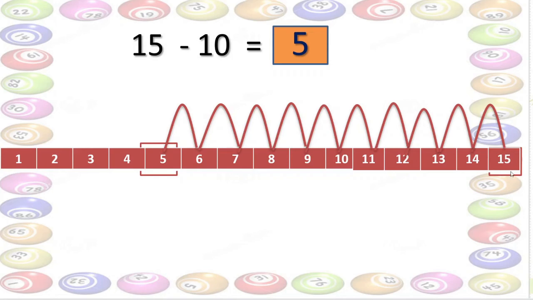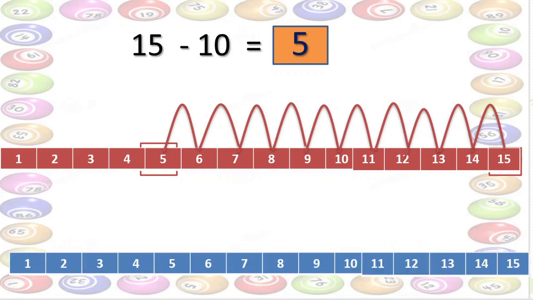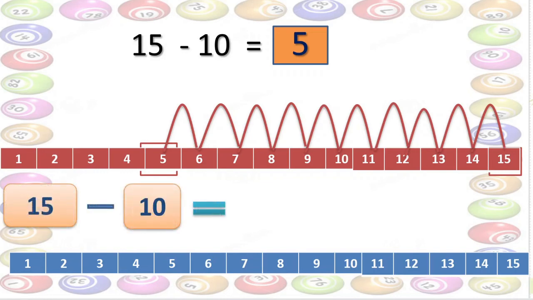See dear children, if we use counting forward method here, what will happen? We'll see. From 10, we will count forward. 15 minus 10 is equal to how much? We will count forward from number 10. This is 1, 2, 3, 4, 5.